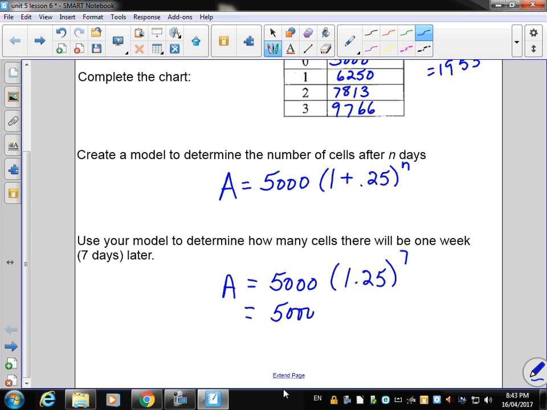So what I'm typing in is 5,000 times 1.25 little hat 7. Some of you have that y to the x button. Some of you have x to the y. There's variations for a power button, but we get 23,842 yeast cells a week later.